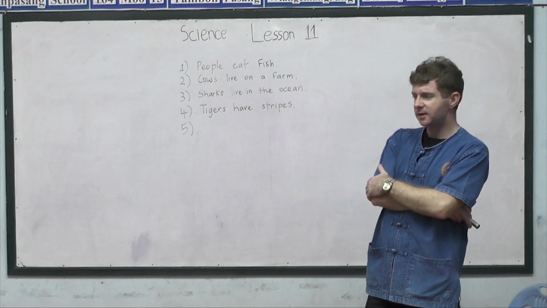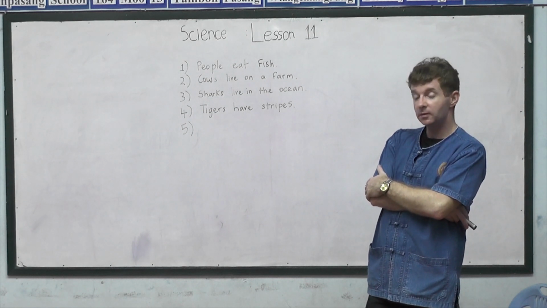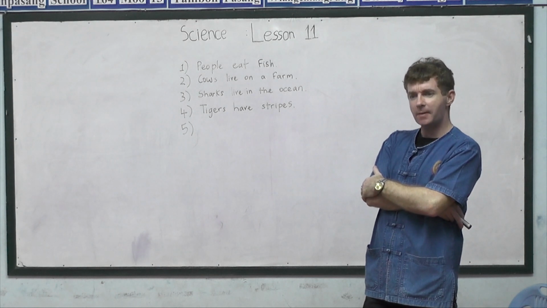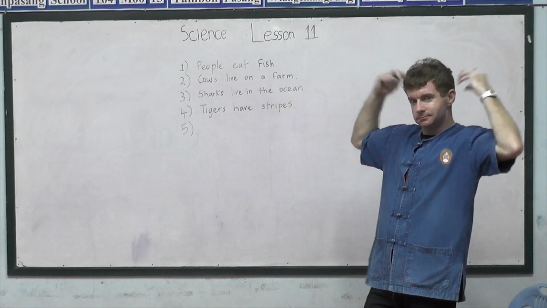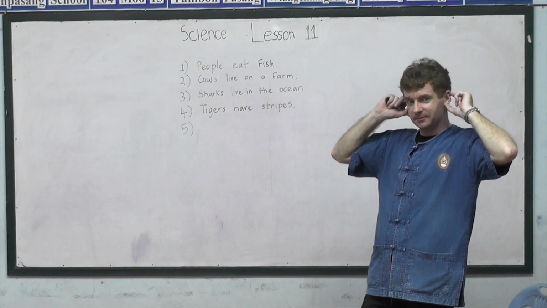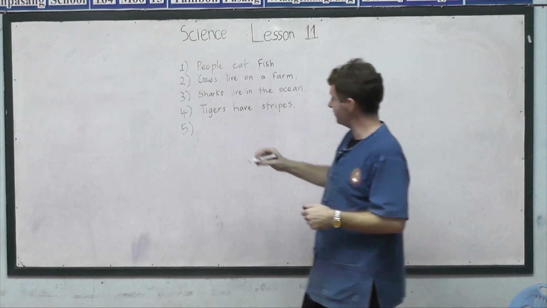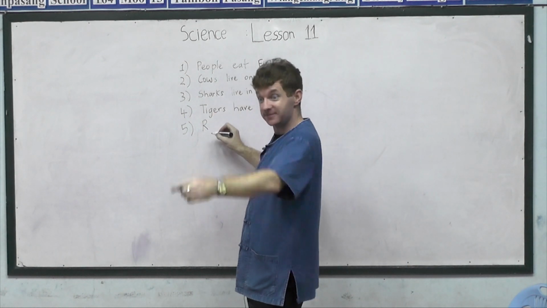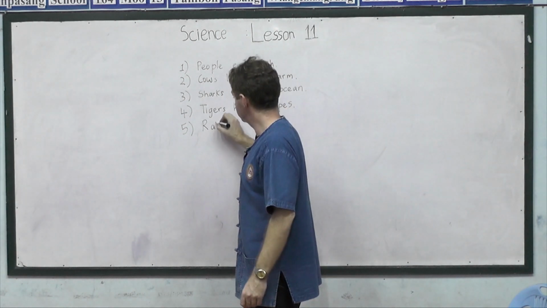Well, tigers on their fur, they also have stripes. Last living thing. Rabbit. Okay. What do rabbits have? Do they have little ears? Do they have big? So, number 5. Excellent. Rabbits eat carrots too.